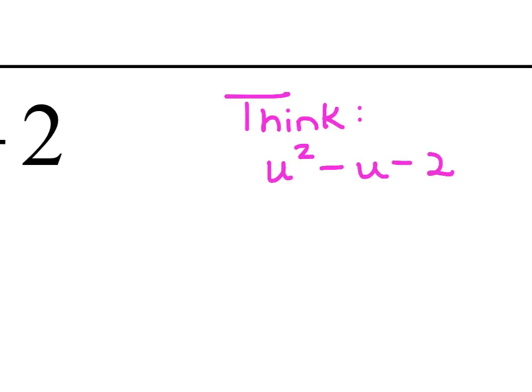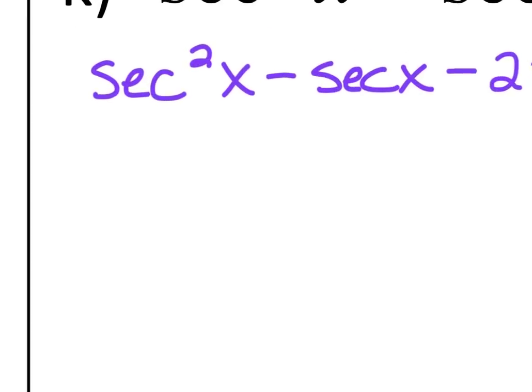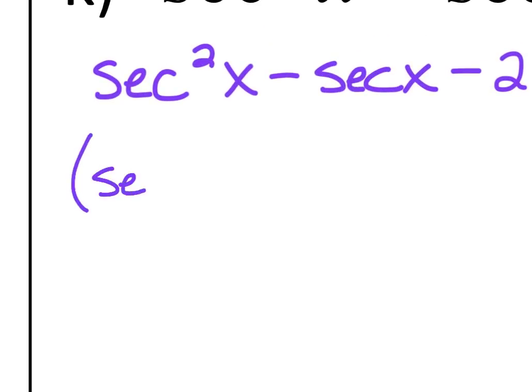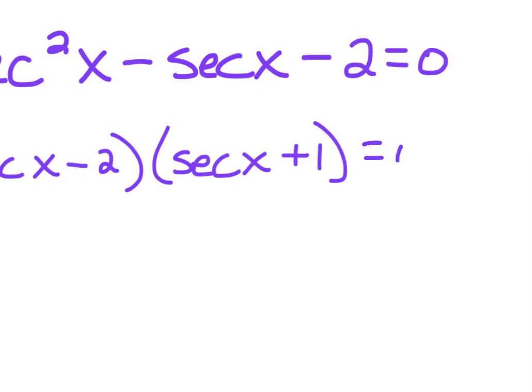To factor this, your thinking is u squared minus u minus 2, which gives you u minus 2 times u plus 1. And so I'm going to have secant of x minus 2 times secant of x plus 1 equals 0.